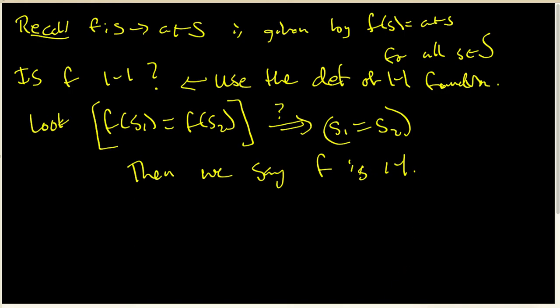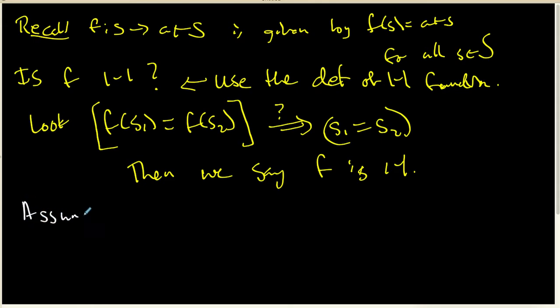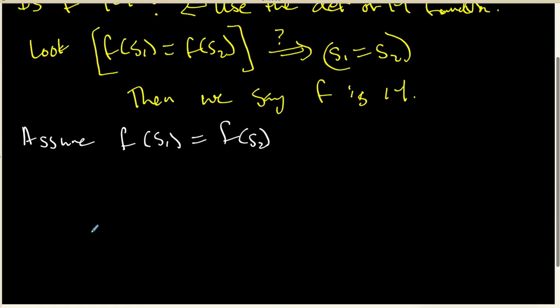So to start our examination of whether or not this function is one-to-one, we are going to assume that f of s1 is equal to f of s2. And I want to think about what that means. Well, our function is defined up here as f takes any element inside the subring to a plus that element. And so consequently, what I know is that a plus s1 has got to be a plus s2.